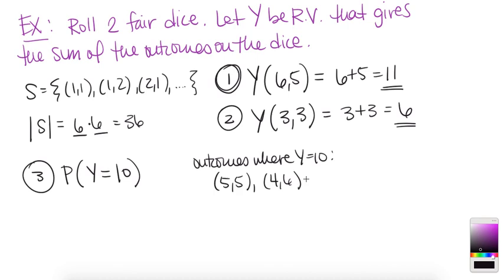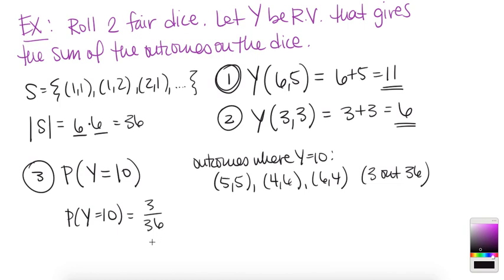I could roll a 4 and a 6. I could roll a 6 and a 4, and that's it. So that's 3 out of 36 outcomes. So the probability that y is equal to 10 happens in 3 out of 36 outcomes. If we want to simplify, that would be 1 over 12.